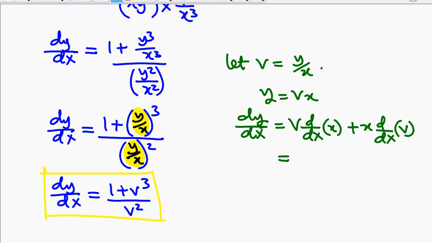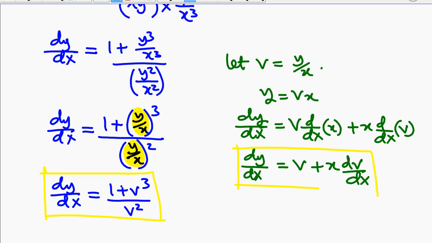So what we end up with is dy over dx will be equal to v plus x dv over dx. And now what you're going to do is equate these.